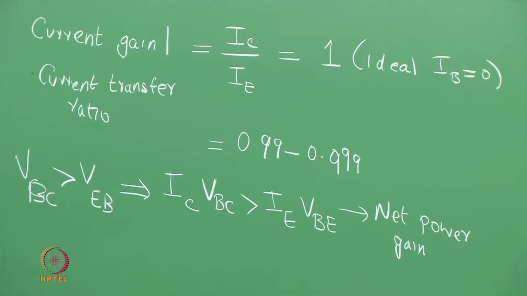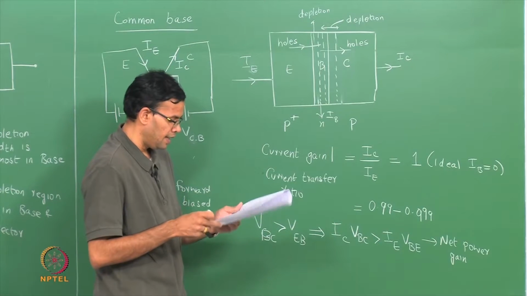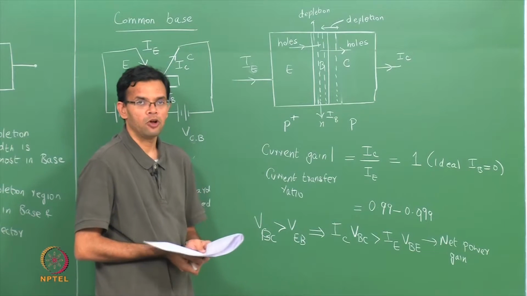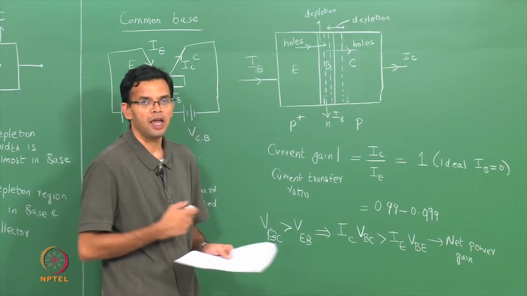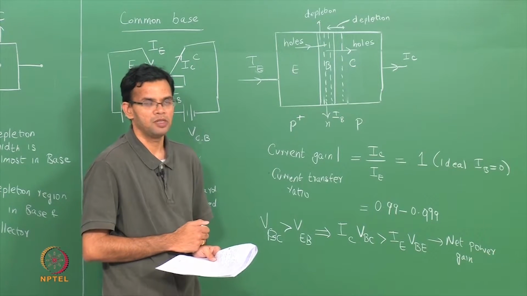So, in this particular mode we operated the BJT in a common base configuration. Let us look at one more configuration, where we have the emitter being set as common.